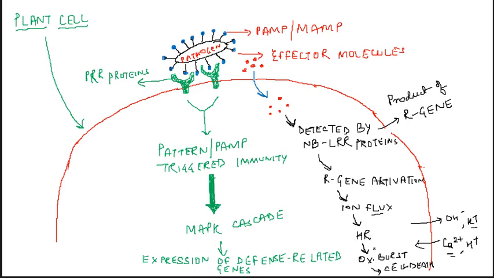This hypersensitive response causes Ca2+ to enter in also, and this Ca2+ causes the oxidative burst. That means reactive oxygen species are formed when more and more Ca2+ enters in. This oxidative burst has again several roles, and one of the roles is cell death in the region where the injury has occurred.